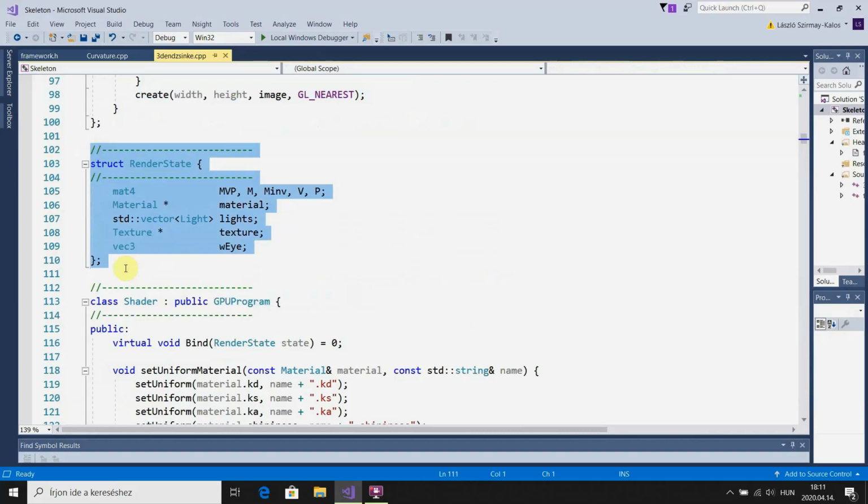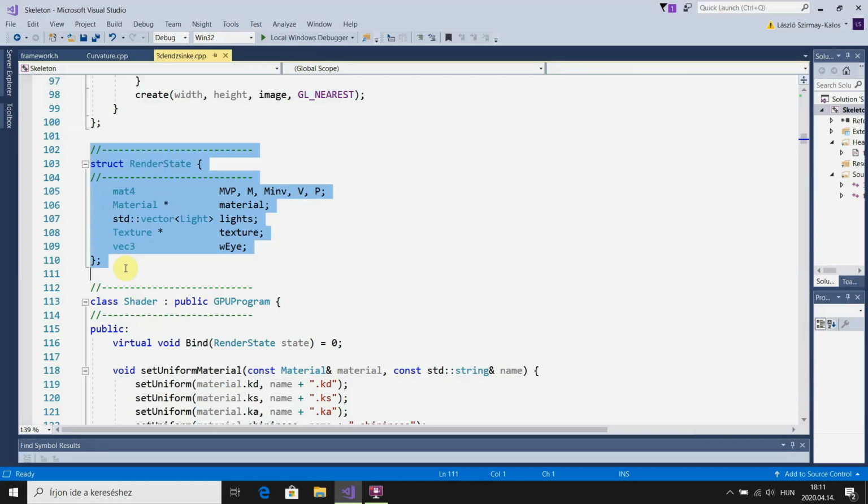Render state is a kind of communicator object between geometric objects and shaders. Recall that the actual parameters of rendering are stored in the geometric objects. However, these parameters must be transferred as uniform parameters of the shaders. So the real question is whether these parameters belong to the geometric objects or to the shader.